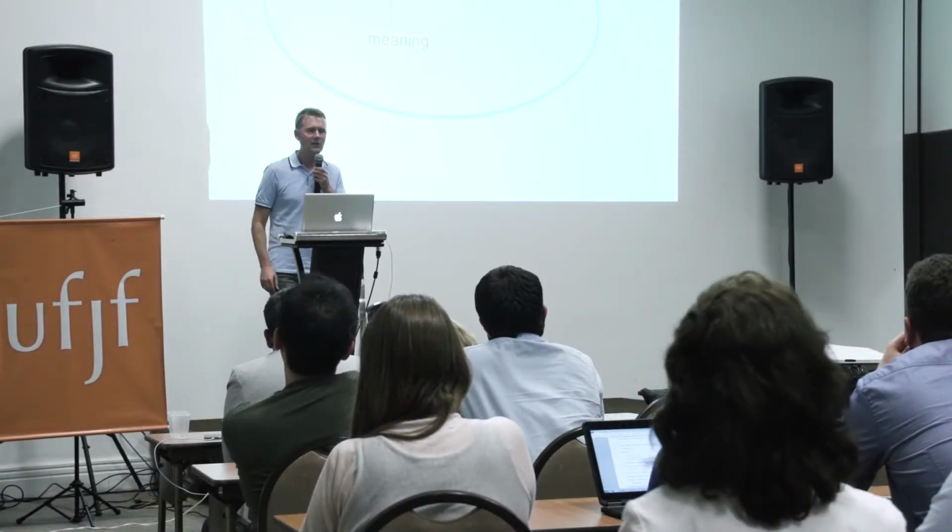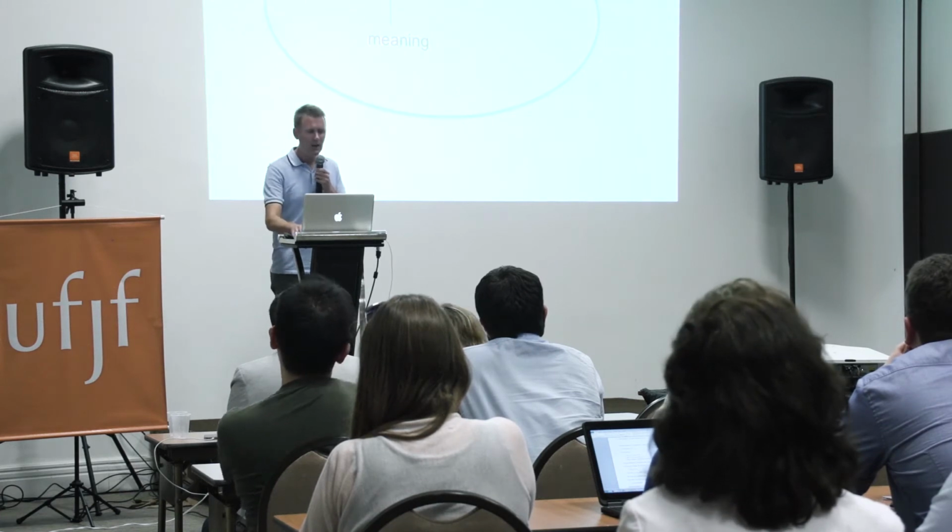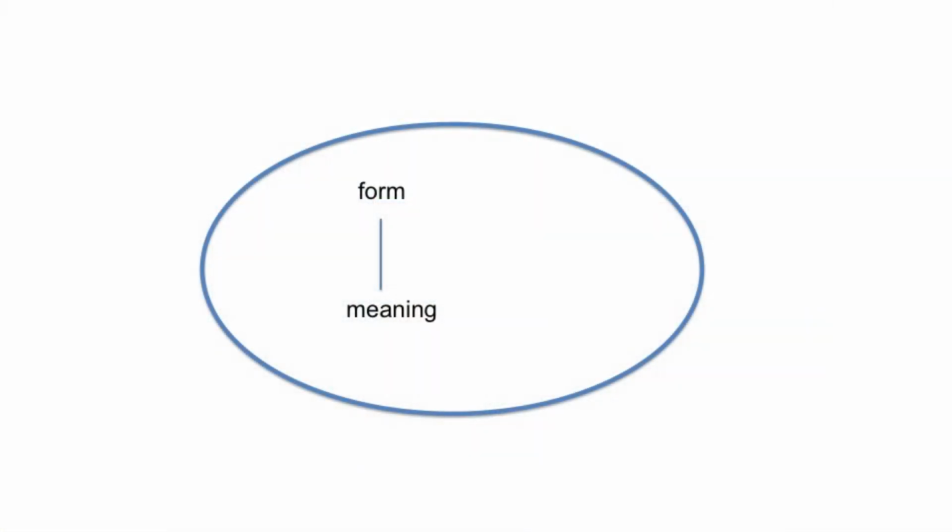So here we have a form-meaning pair, and let's say that the construction develops in such a way that a new meaning becomes associated with that form. Well, that would not be constructionalization. That would be meaning extension and constructional change.